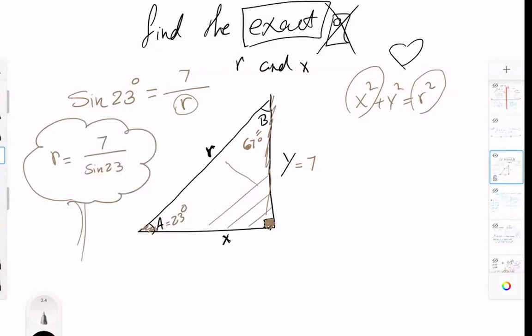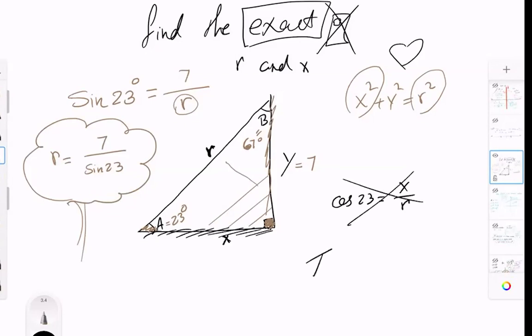What's the answer for x? I'm not going to use the Pythagorean theorem for r, because it will be messy, because they said the exact value. If I use cosine of 23, it will be x over r. Not good, because both of them are unknown.